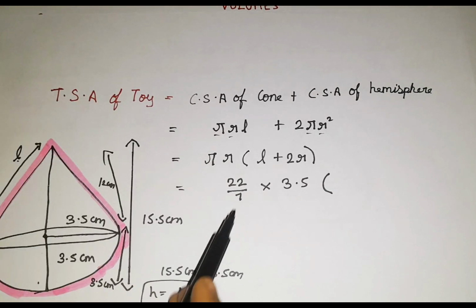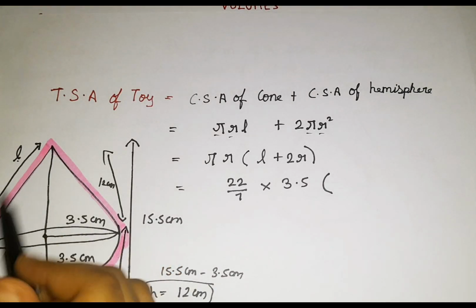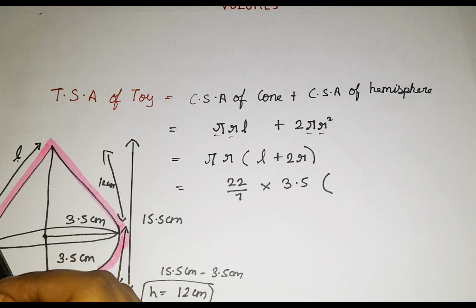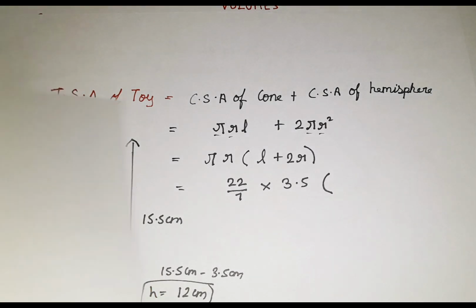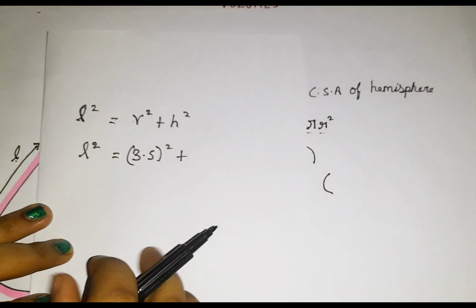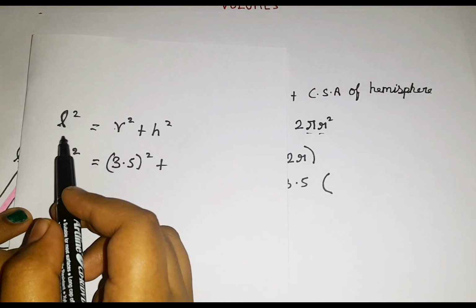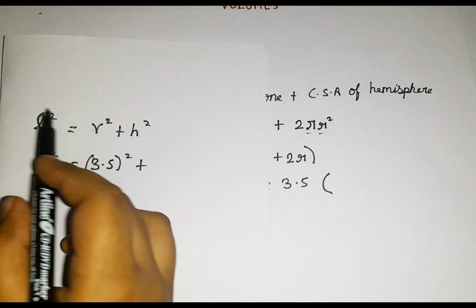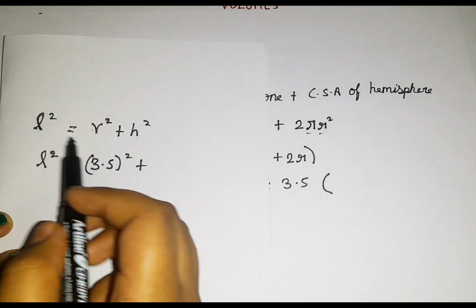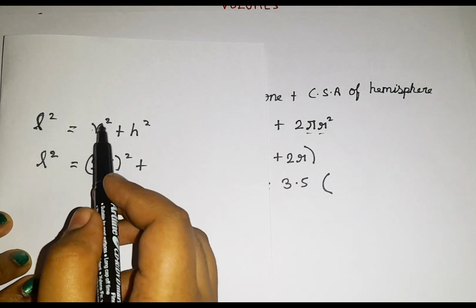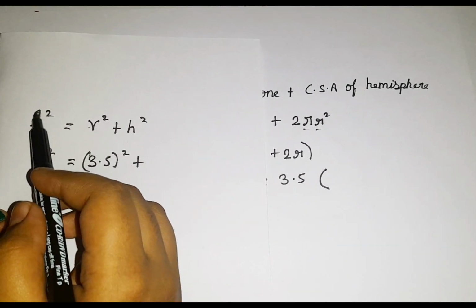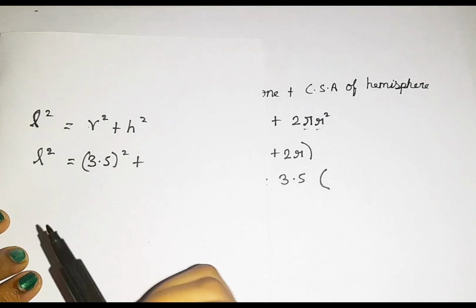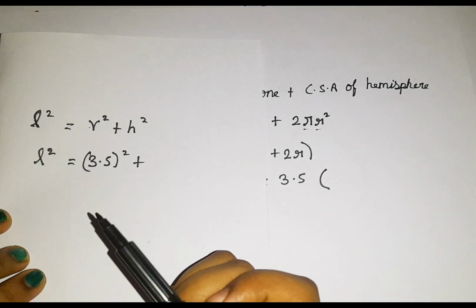Why? Because we are supposed to find the slant height. Slant height we call L in case of a cone. How to find the slant height? We use the formula L square is equal to R square plus H square. Here they mentioned L, so for a cone we call it slant height.